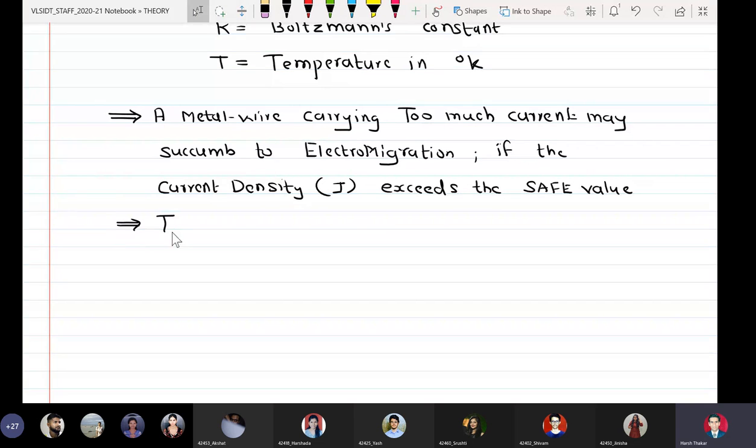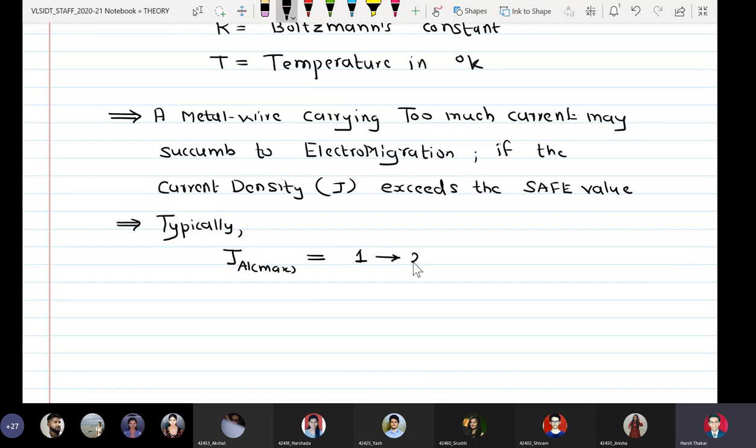So typically J Al max, that is the current density for aluminium, is found to be 1 to 2 milliamperes per micrometer.